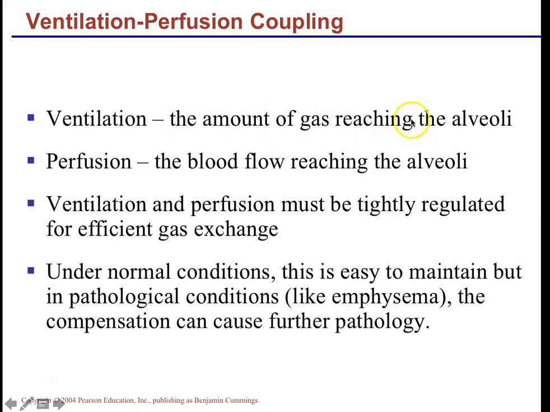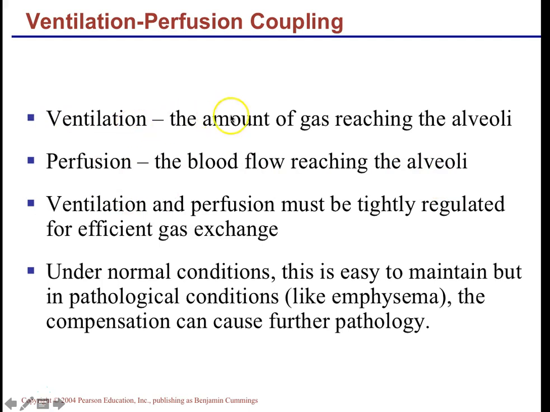So you've got your alveolar sac, that's going to represent the gas that is now in an environment where it can exchange, and then it's going to exchange with what the blood brings it. So you're going to have a lot of oxygen in the alveolar sac, and you're going to have a lot of CO2 in the blood.